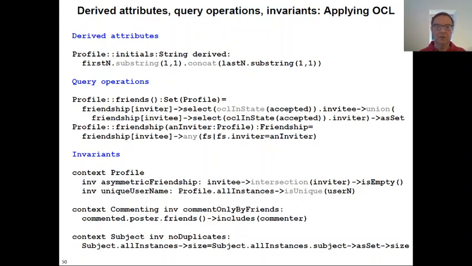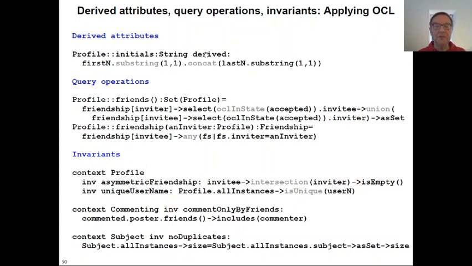I've made the comparison to relational database systems with respect to the distinct and the duplicates in collections. There is also a connection between database systems and a feature of UML and use here. The derived attributes roughly correspond to what is called a view in a relational database system, or something similar.